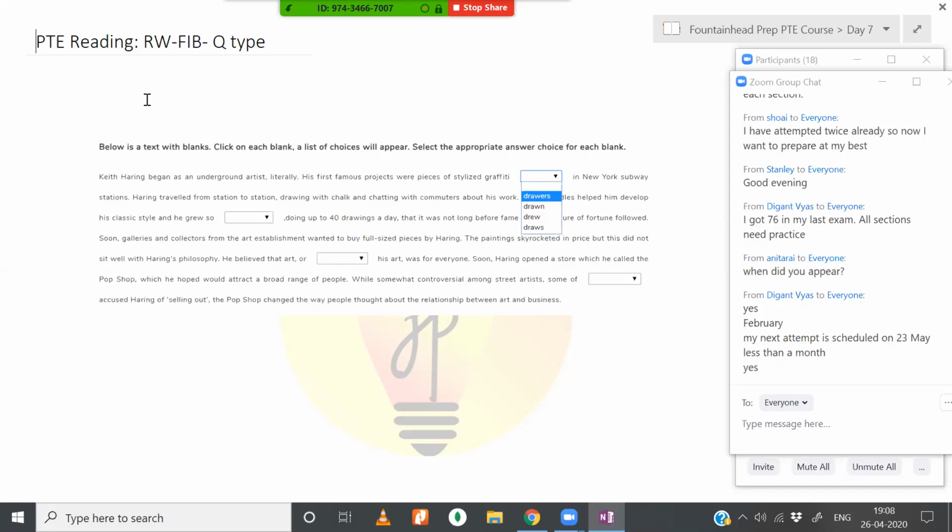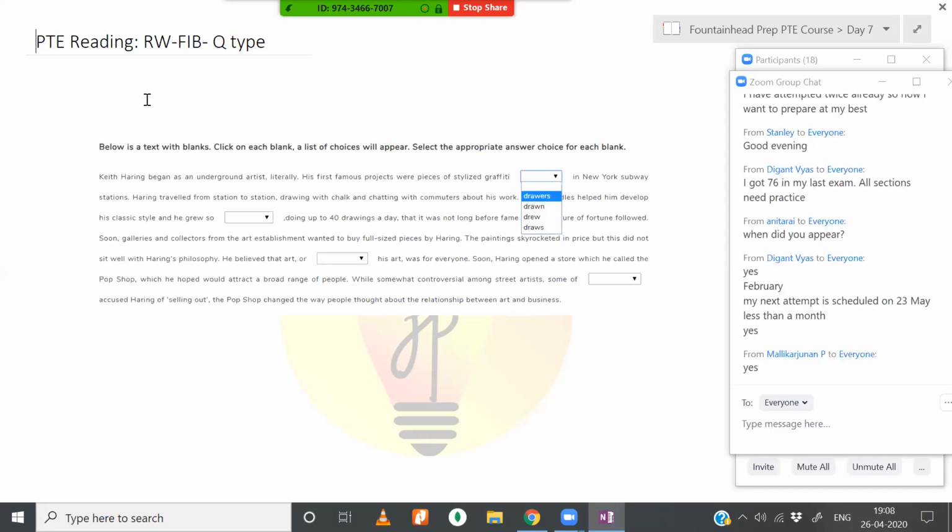I would request all of you to actively participate. So if you are not participating, then there is no way in which we will be able to move forward with the session. All right. So you have to respond. If you don't respond, I won't be knowing whether you are able to understand it. So request all of you to actively participate.